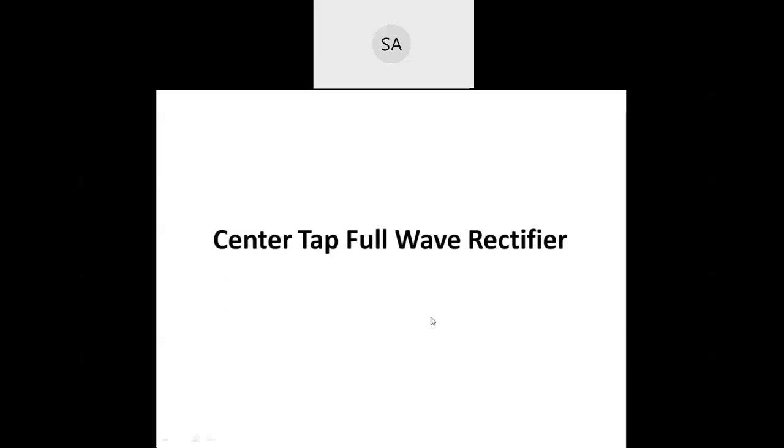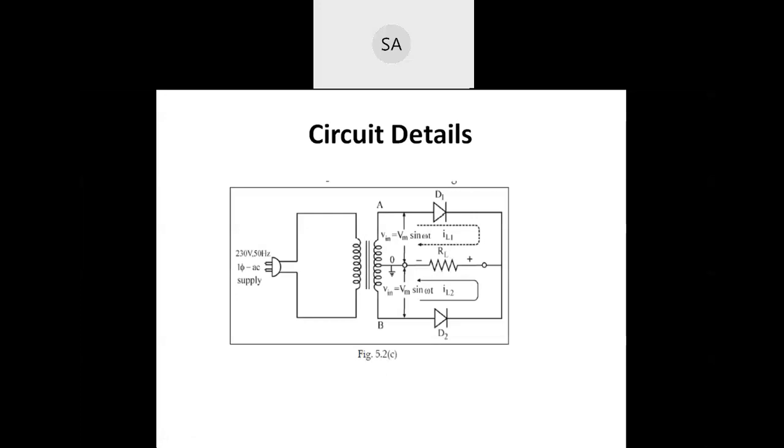So let us discuss the first one, the center tap full wave rectifier. This is the circuit diagram for the center tap full wave rectifier. Here the primary winding of the transformer is connected to the single phase AC main supply, 230 volts, 50 Hz frequency, and the secondary winding of the transformer is center tapped.